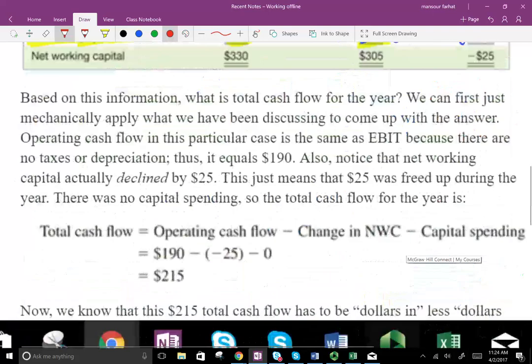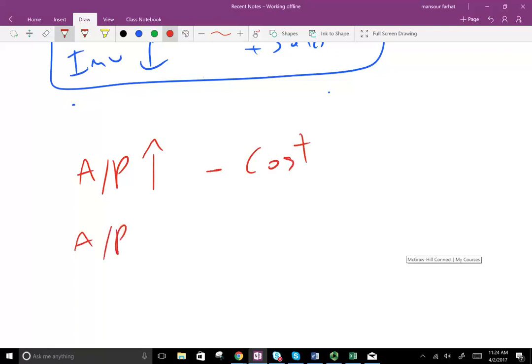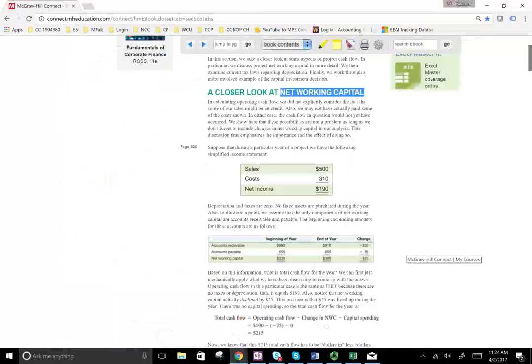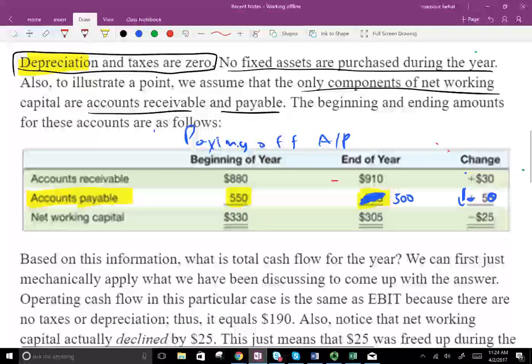That's what it means. Well, what can we say about accounts payable? If accounts payable goes up, it's a subtraction to the cost. If accounts payable goes down, it's an additional outflow to the cost. So this is what we can say about accounts payable and cost. This is the formula that we will need to use. So this is how you analyze the change in working capital.